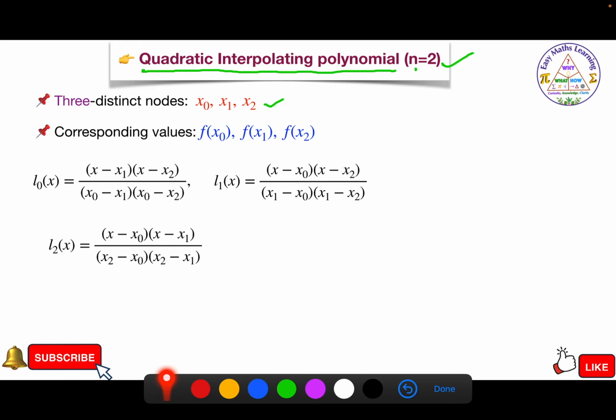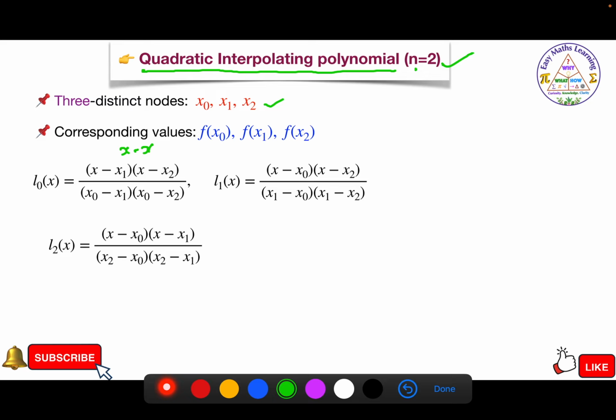You can observe the pattern here. Each basic polynomial, either L0(x), L1(x), or L2(x), contains two factors in the numerator. In L0(x), the factors are (x minus x1) and (x minus x2), so here we skip the factor (x minus x0).